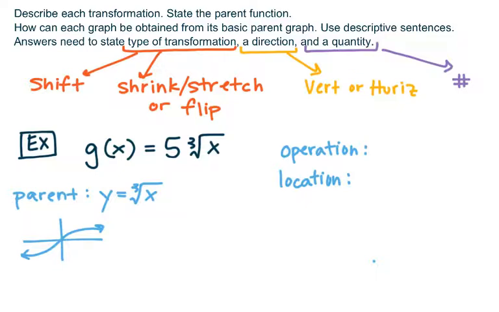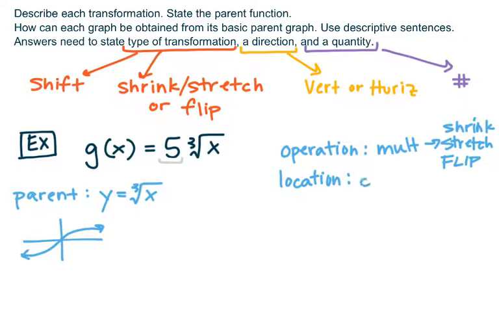So then we look at this new number. We've got this 5 here. What is the operation attaching the 5 to the cube root of x? And you guys would all say, well, you read that, it's multiplication. And multiplication lets us know that we will have a shrink or a stretch or possibly a flip.